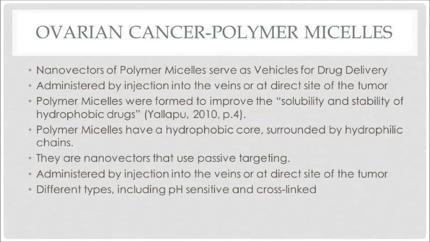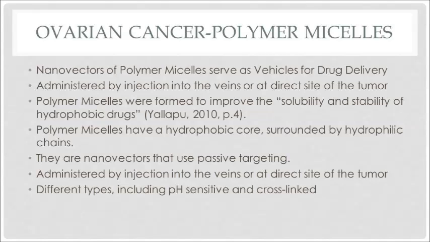Another nanotechnology-based treatment for ovarian cancer involves the use of nanovectors of polymer minerals that serve as vehicles for drug delivery. They can be administered by injection into the veins or at the direct site of the tumor. It is stated that the primary function of polymer minerals is to protect and improve the solubility and stability of hydrophobic drugs.